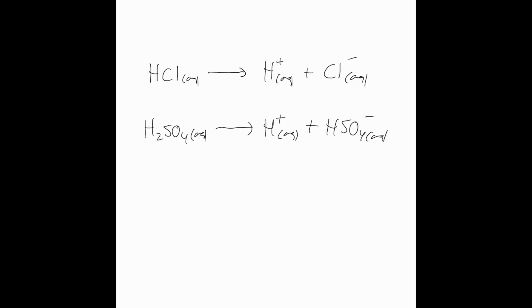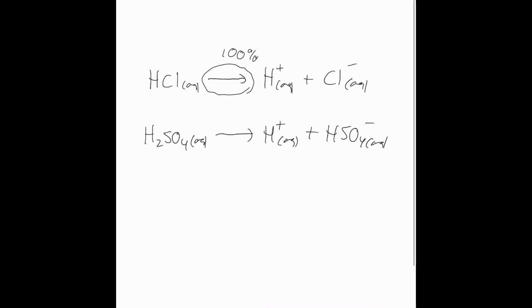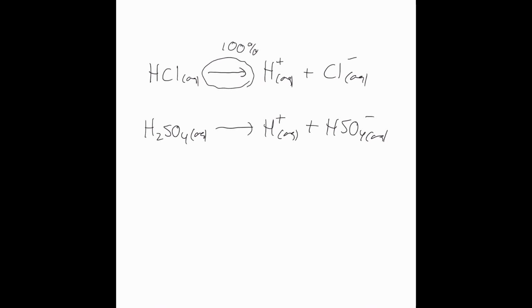So when you have these strong acids and strong bases, we don't usually have to write them the same way we wrote earlier. We don't have to represent the H2O. So HCl, for example, completely dissociates into H plus and Cl minus. And you'll notice we have written it as an arrow, and that basically means we have 100% dissociation of HCl into H plus and Cl minus. We have our acid, we have our conjugate base, and then H plus is coming from the HCl, same thing as H3O plus.